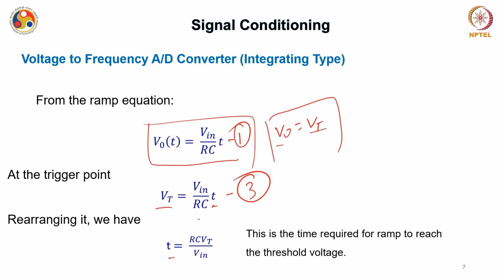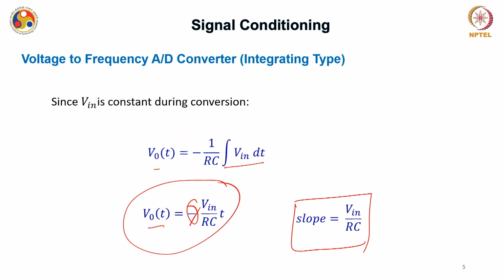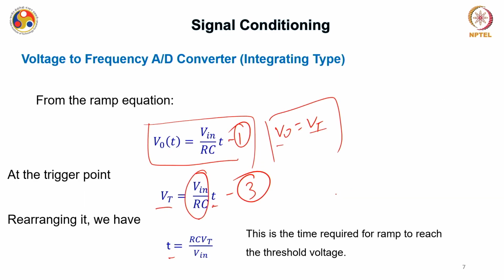The slope of the ramp is Vin by RC, that we have seen, and T is equal to RC Vt by Vin. So, let me call the slope S, equal to Vin by RC.